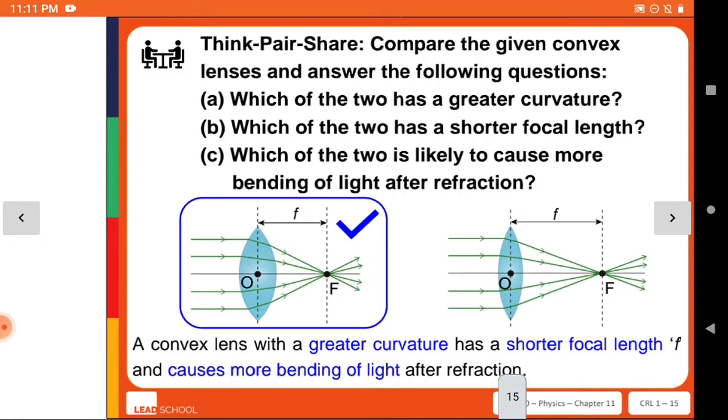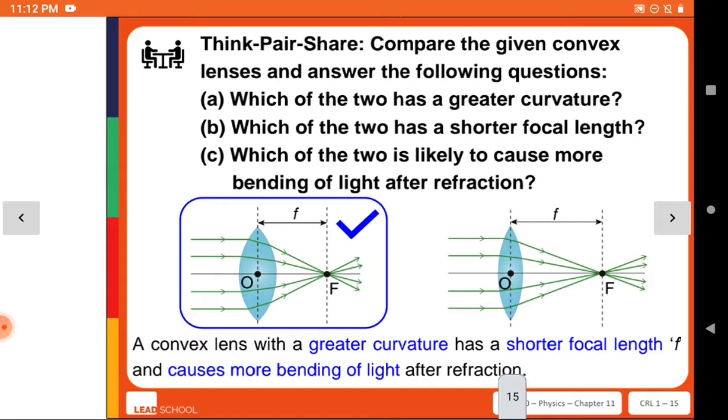So students, these are some slides which help to understand. Compare the convex lenses and answer the following question. First question is, which of the two has greater curvature?